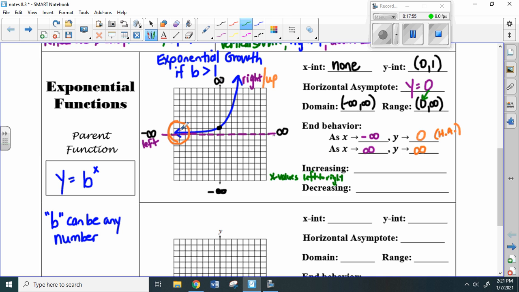Start on the left. That means I'm technically starting at negative infinity. And if I work my way to the right, I start off slow, but I will always increase. So this one is increasing forever. So it is never decreasing.